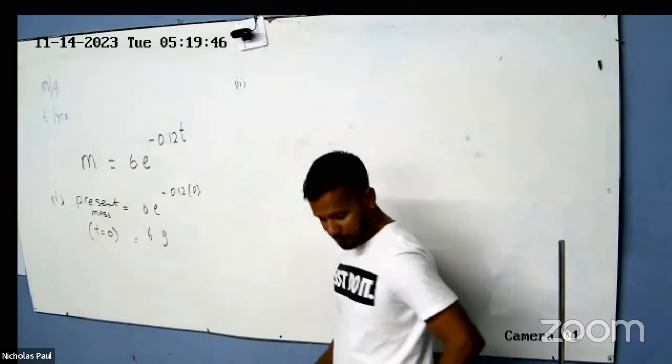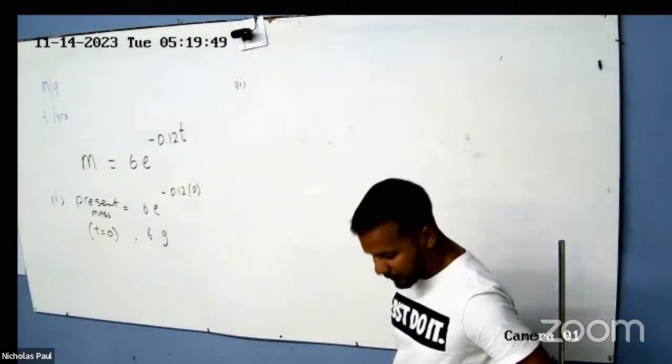Second part, part B: the mass present after 5 years.